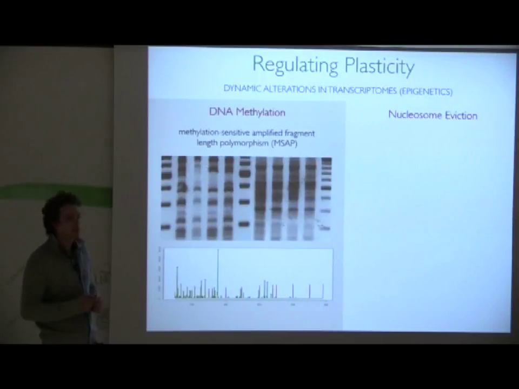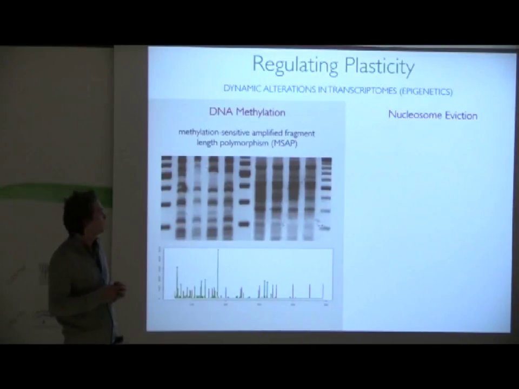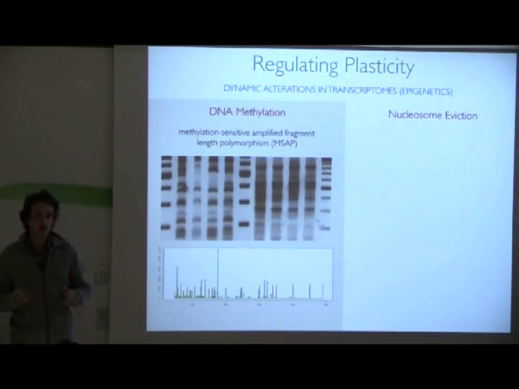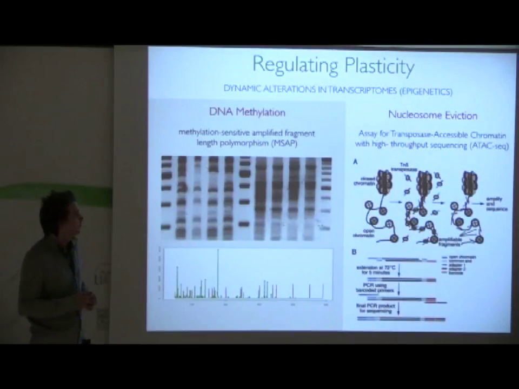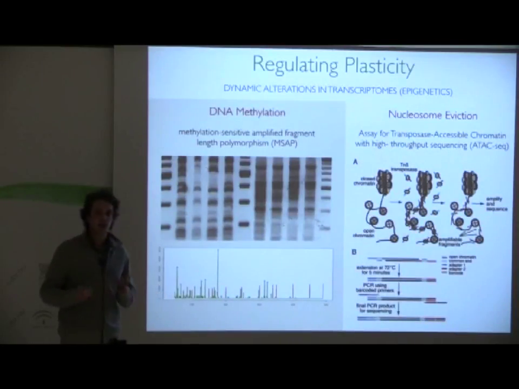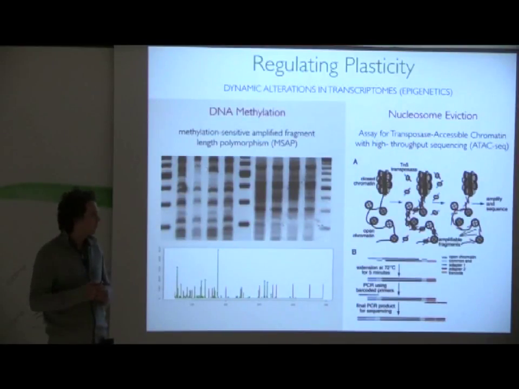So for DNA methylation, we're going to do a preliminary screening of differential methylation profiles using a fairly inexpensive method, a development of amplified fragment length polymorphism. And then we're going to up the ante a little bit, looking at genome-wide changes in nucleosome eviction with a fairly new technique taking advantage of short-read Illumina sequencing.